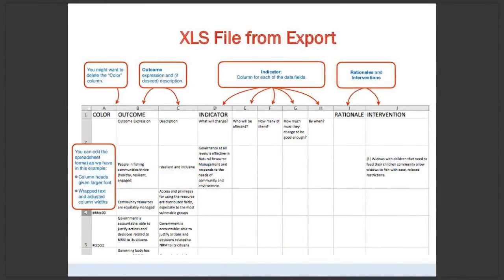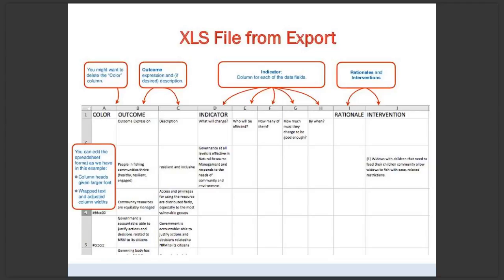So here's an XLS file, an Excel file from an export, somewhat edited for legibility. We've bumped up the font sizes. So there you see the color, the outcome, the indicator, the rationale, the intervention, and there are further columns should you have, say, assumptions and a program narrative for that.